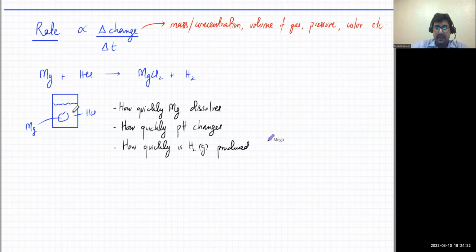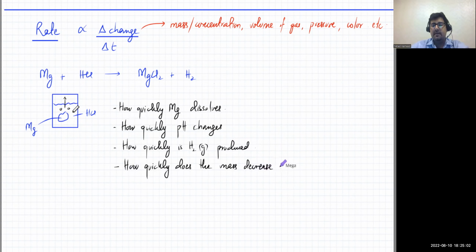You can collect the H2 gas. You can also measure that the mass decreases because the bubbles get produced and the H2 gas escapes. So how quickly does the mass decrease? You can put it on a weighing balance and measure the change with respect to time.